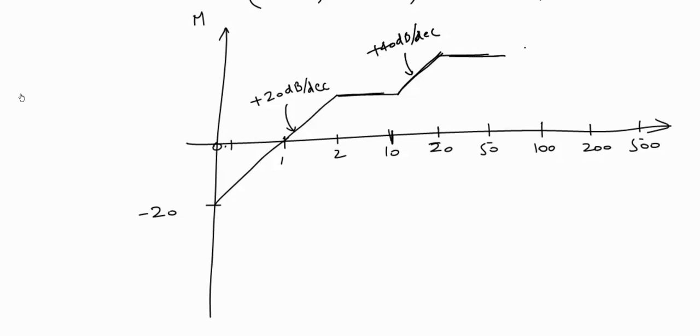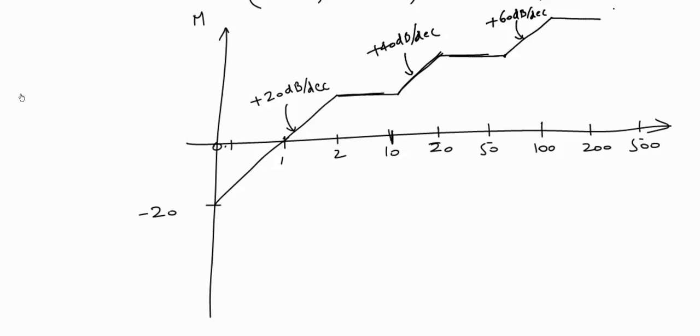Before that, at 50 I have 3 zeros. So it will be plus 60 dB per decade. Then at 100 I have 3 poles again. So it will cancel out the slope. So the slope will be 0 again.